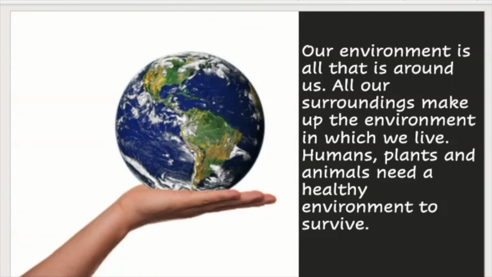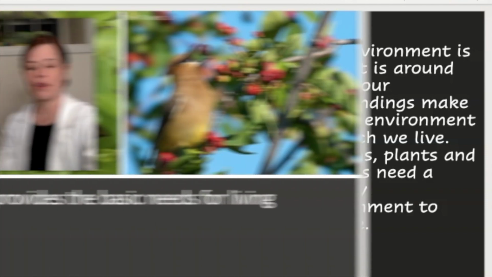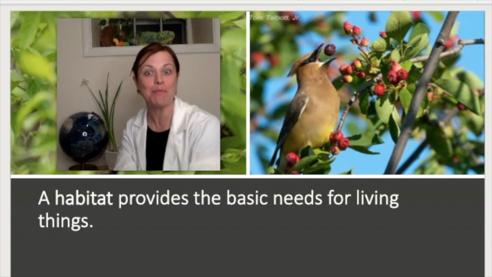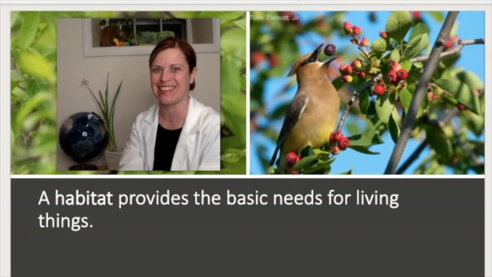Our environment is all that is around us. All our surroundings make up the environment in which we live. Humans, plants, and animals need a healthy environment to survive. Within environments, a habitat provides the basic needs for living things.